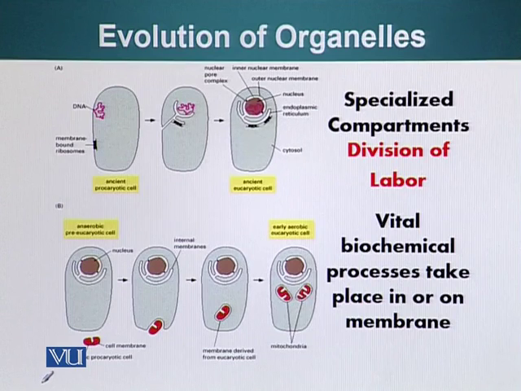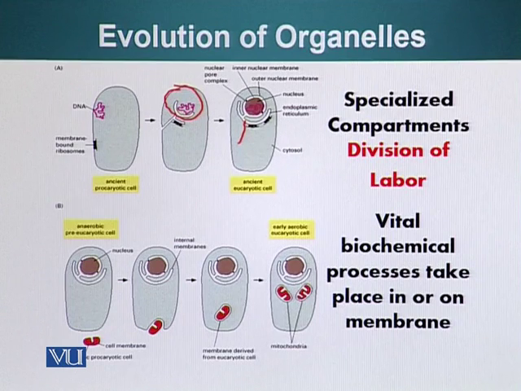So at some point there were invaginations in the plasma membrane which caused the membrane to infold and circle around the genetic material, the DNA, and it gave rise to a network of membranes inside the cell, which not only resulted in nuclear membrane, but also the membrane system we talked about earlier, the endoplasmic reticulum, and also the Golgi apparatus. This is, people think, how these membrane-bound organelles evolved.